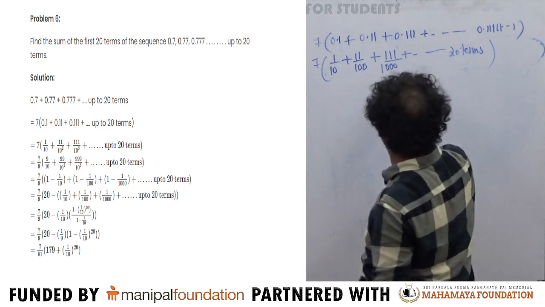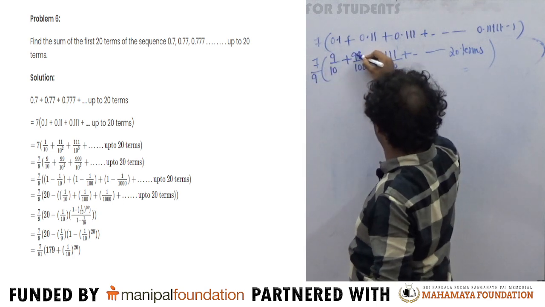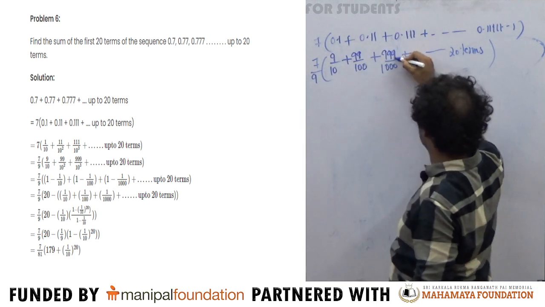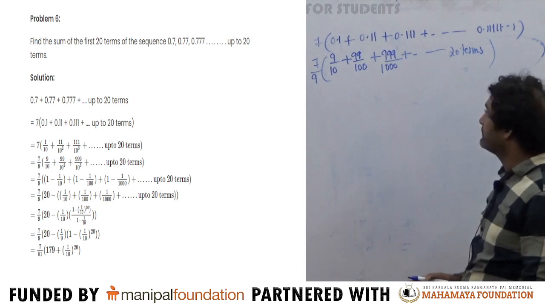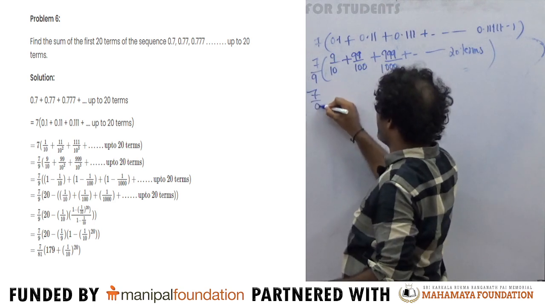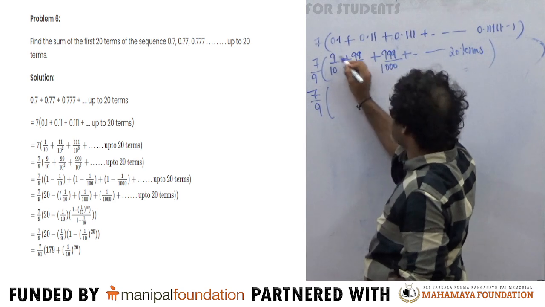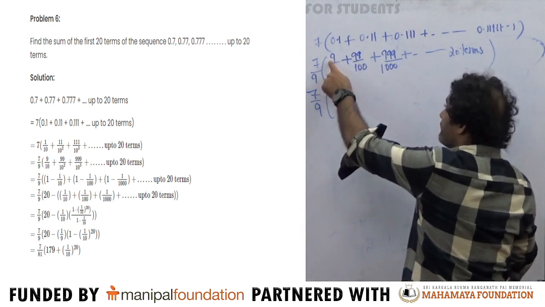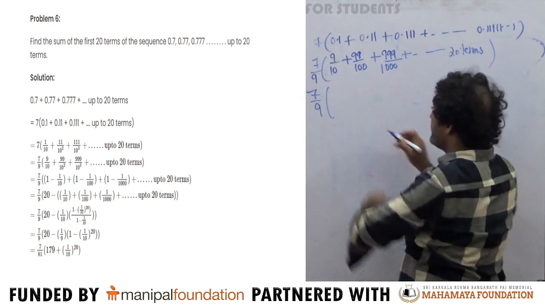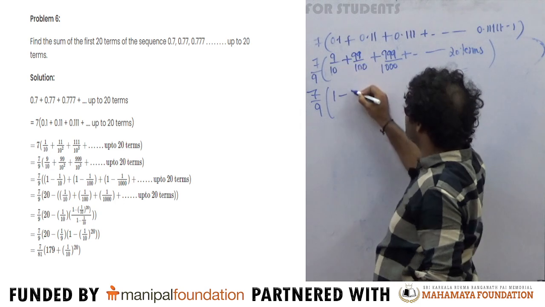So can I simply put a 9 everywhere, or should I divide by 9 and multiply by 9? It turns like this. Why I did this is, I can write it as 10 minus 1. If I write 10 minus 1, 10 by 10 is 1, minus 1 by 10.